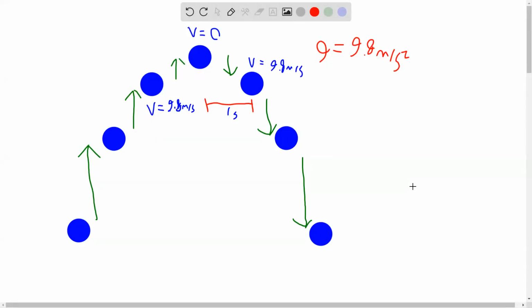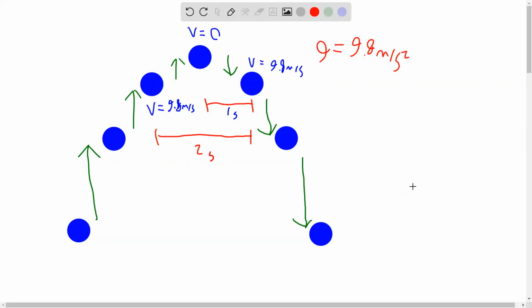Now over 2 seconds, if you imagine from here to here, what is the change between these two moments for the ball? And it may seem like it doesn't change at all because it goes from 9.8 meters per second to 9.8 meters per second. But that's not quite correct, as it goes from 9.8 meters per second up to 9.8 meters per second down. And velocity cares about direction.